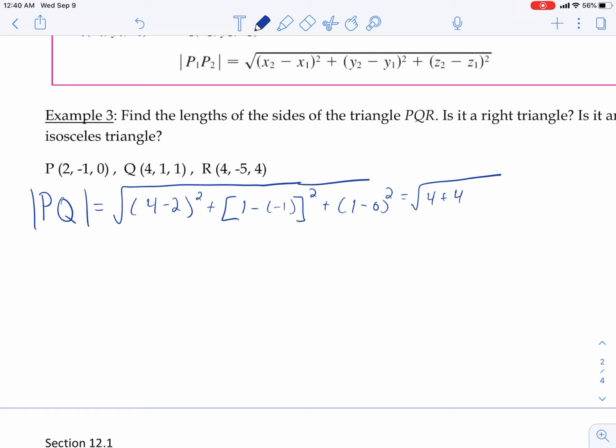And then we have 1 minus 0, so 1 squared. So we get plus 1. Add all those up, we're going to get the square root of 9, which is just 3. So PQ gives us 3. The distance from P to Q is 3.